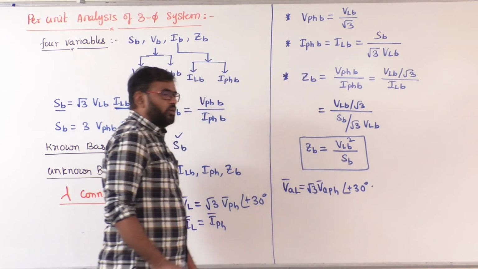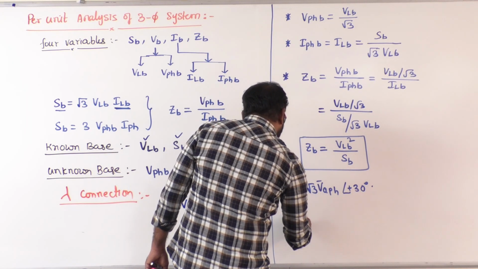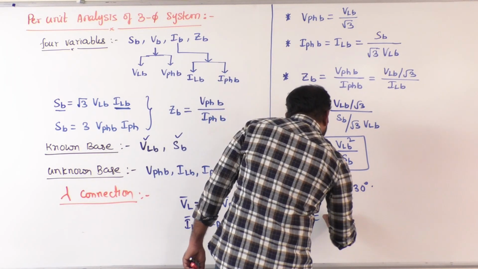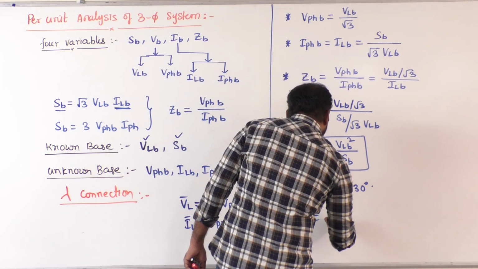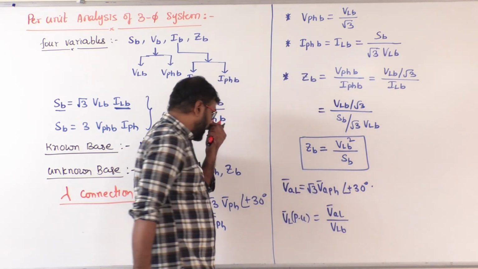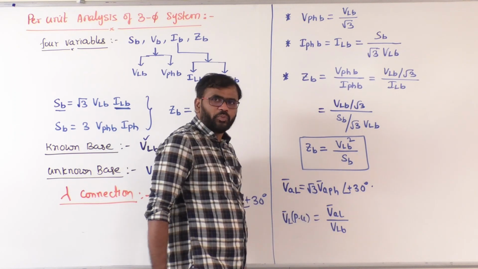Clear? Now, what is the line voltage per unit? The line voltage per unit equals line voltage actual divided with line voltage base.